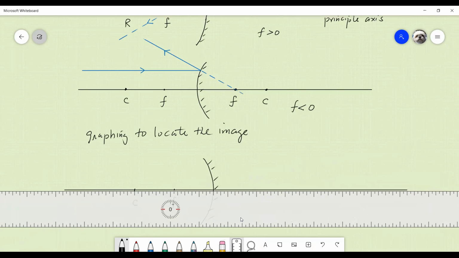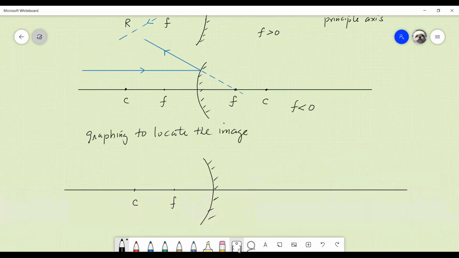Now, the way your graphical method forms the image depends on where the object is. So where can I put the object? I can put it behind C. What else?